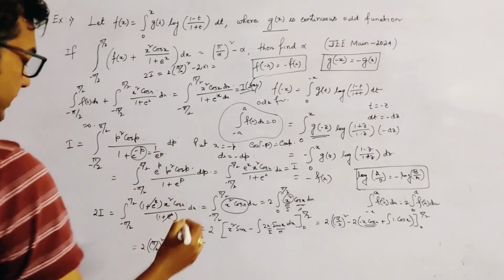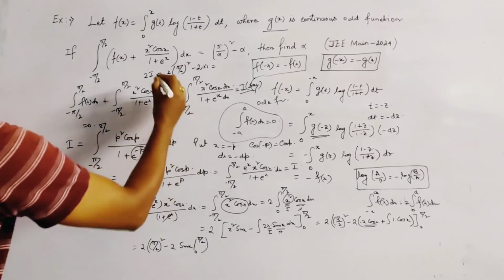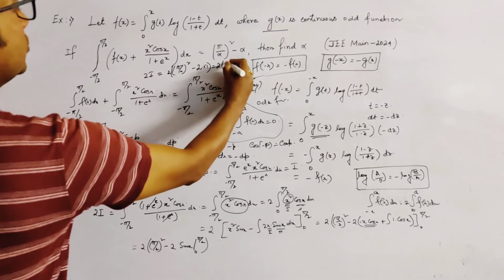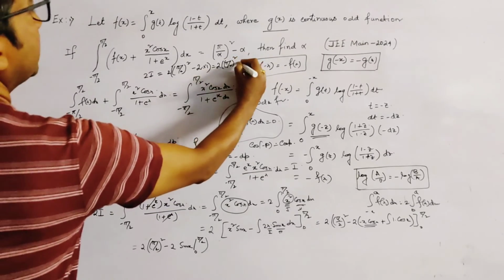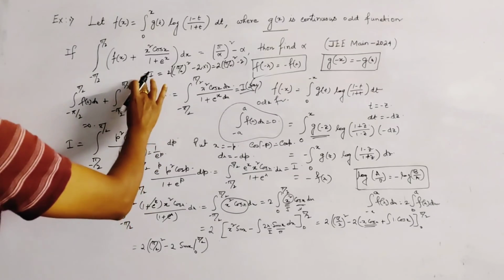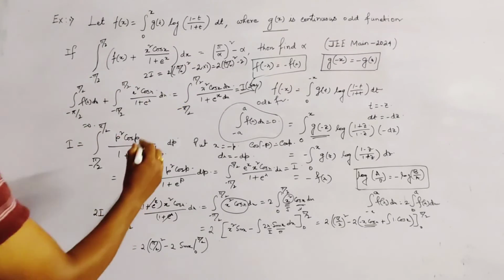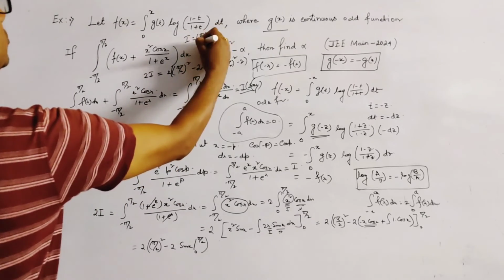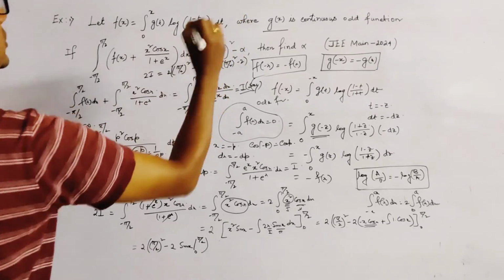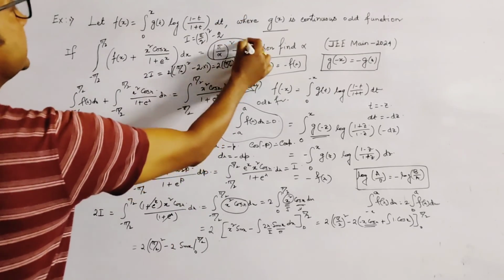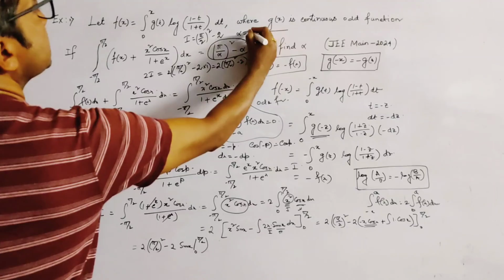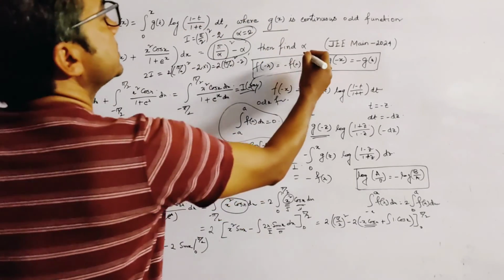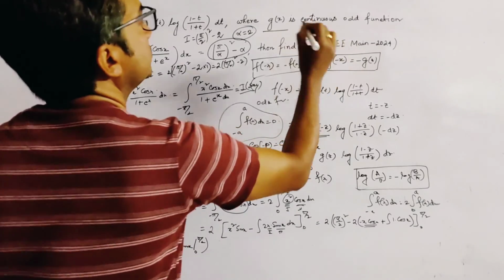There is a bracket, so we put a bracket here, and this is 2 into (pi by 2) whole square minus 2. Cancelling 2 from both sides, we get I equal to (pi by 2) whole square minus 2, and clearly comparing this result, we get alpha equal to 2. Our answer is alpha equal to 2.